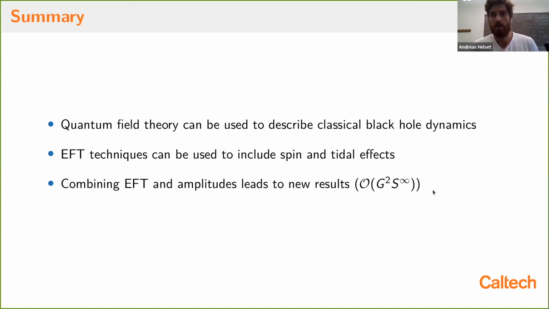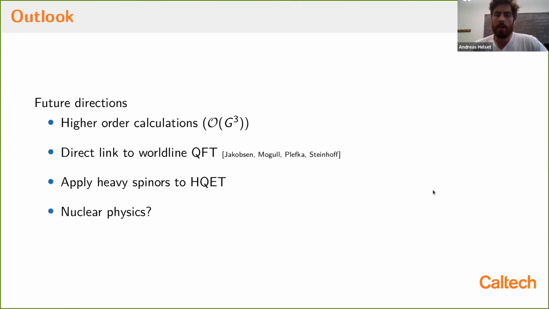using this combination. And just an outlook for what's next, one can try to do higher order calculations, go to next order in G Newton, and see if we can do something similar using these variables. Another thing that could be very interesting is to try to connect this formalism to the worldline.